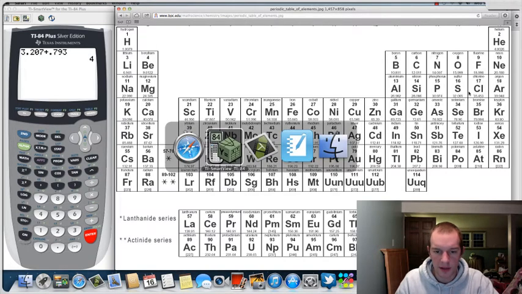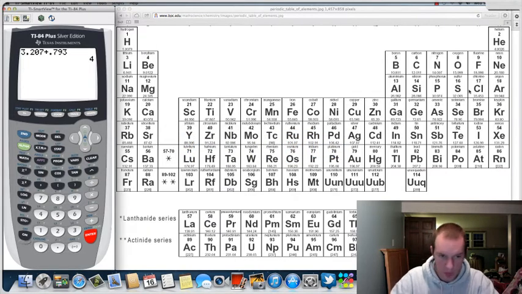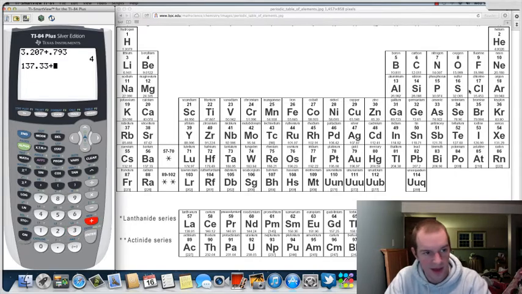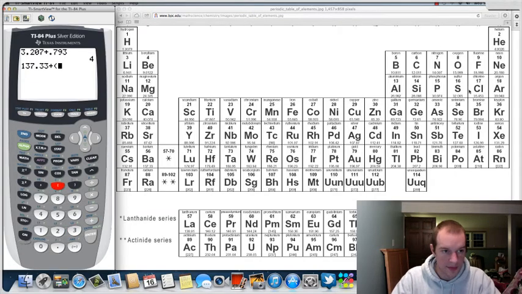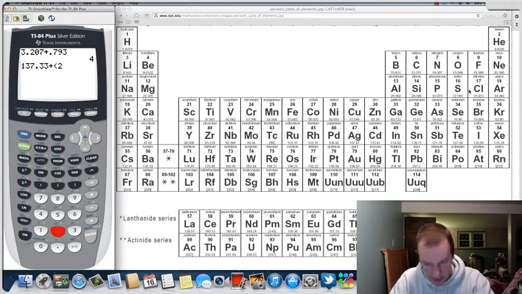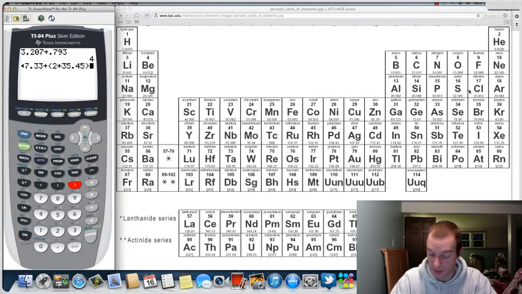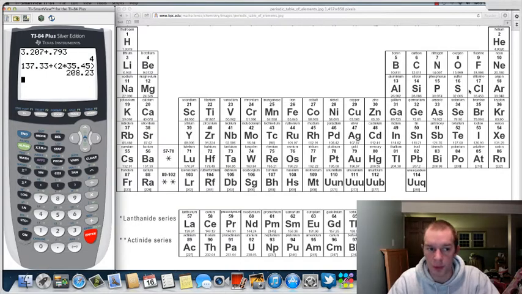So in our calculator we have the mass of barium, 137.33, plus, in parentheses, 2 times 35.45. We're leaving it at 35.45 because we want to keep it to 2 decimal places as normal. And we find that the molar mass of barium chloride works out to be 208.23 grams per mole.